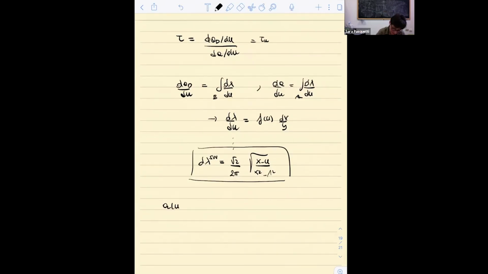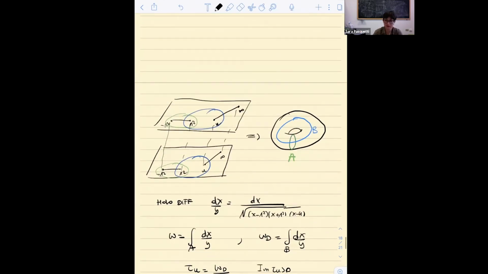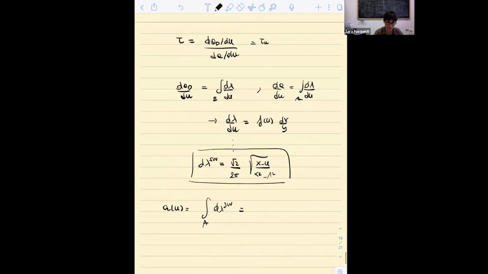So A as a function of u will be just the integral over the A cycle. So the A cycle, remember, is the one that is going around the cut. I can basically squeeze this contour into a contour that goes on the cut.